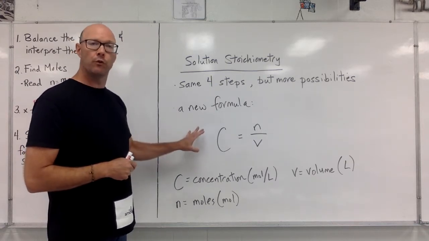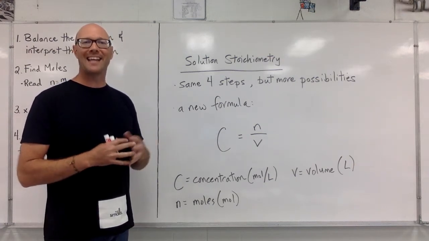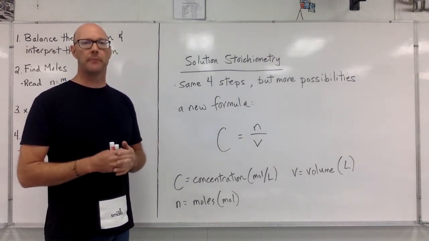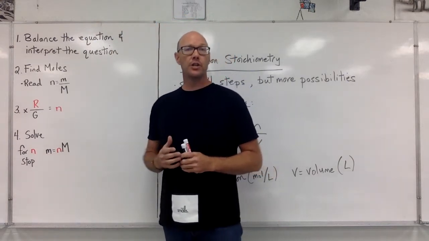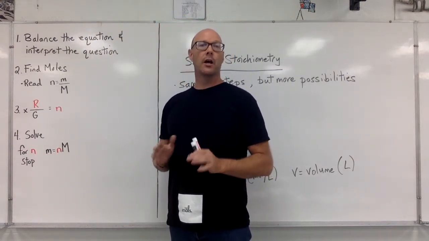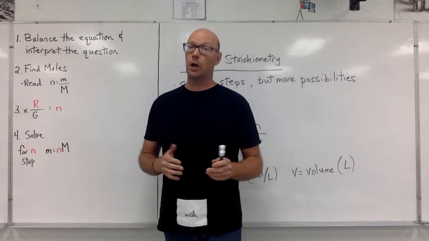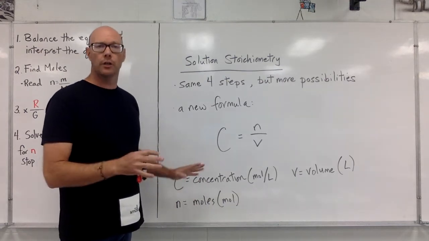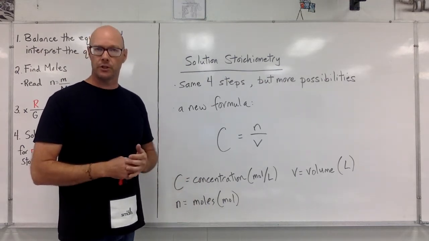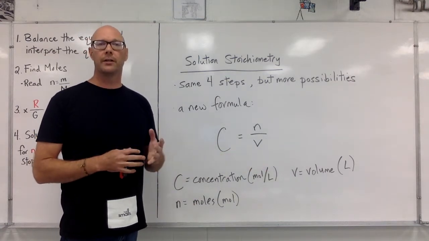Let's take this new formula and incorporate it into our 4 established stoichiometry steps. Step 1 says, balance the equation and interpret the question. Absolutely no change there. We do have to be on the lookout, though, for where a question maybe will give us a concentration to interpret or understand, or a volume to interpret and understand.